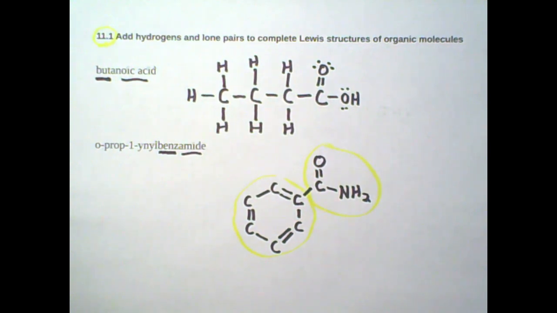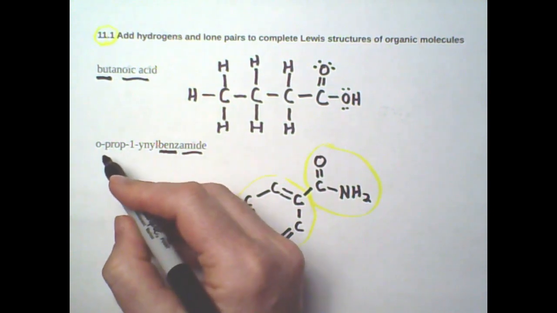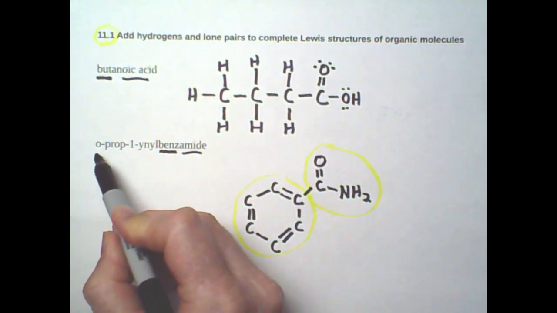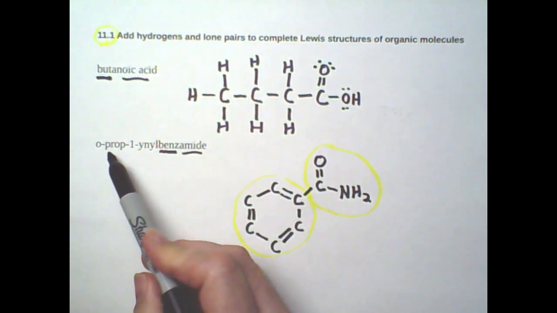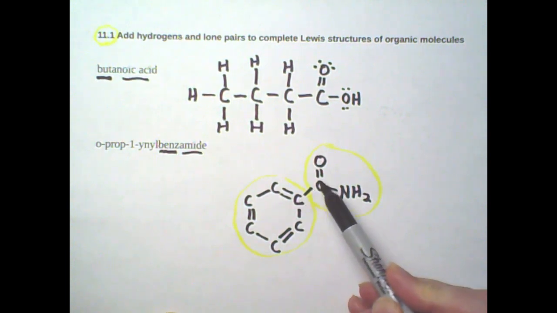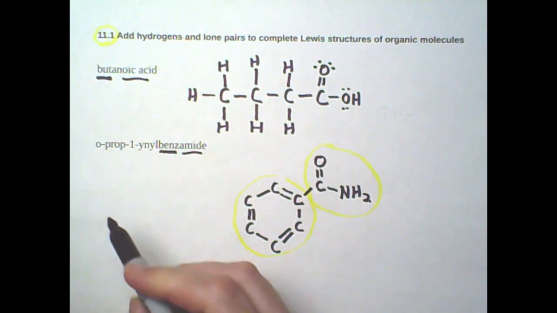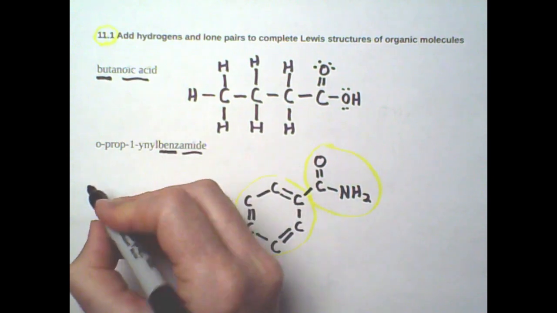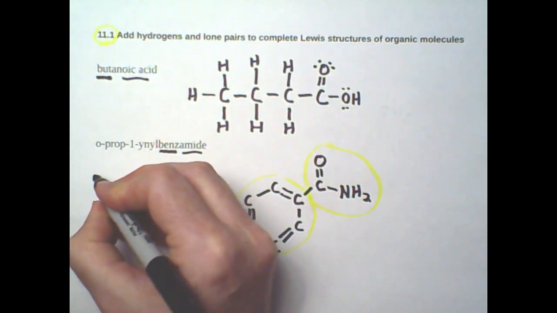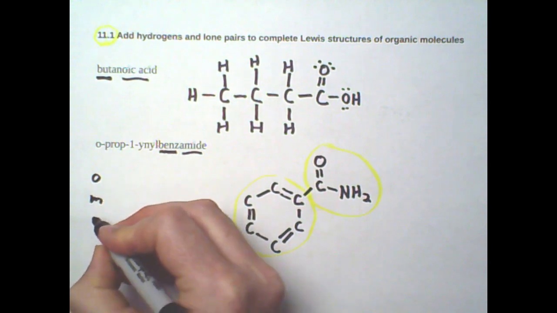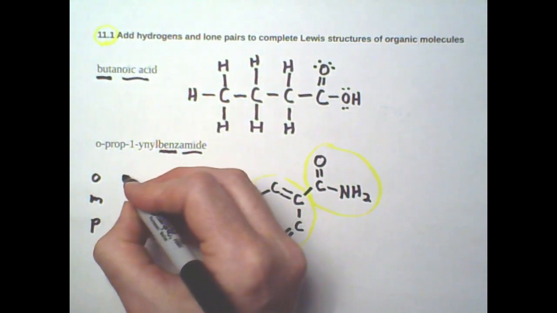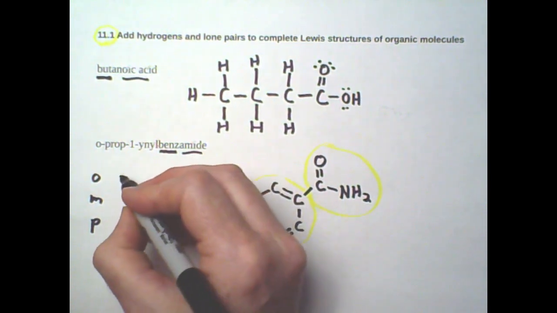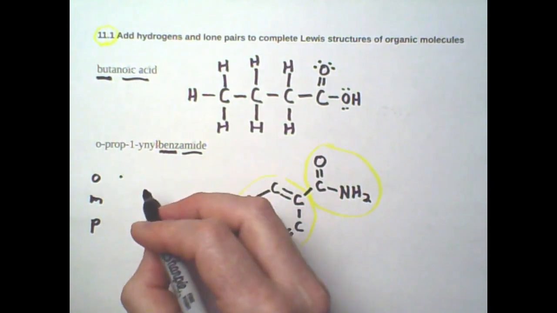Now we start with the prefixes. This O tells us the relationship of this prop group to the amide group here. There's O, M, and P. O is, well, you can watch these, but you can learn these elsewhere.